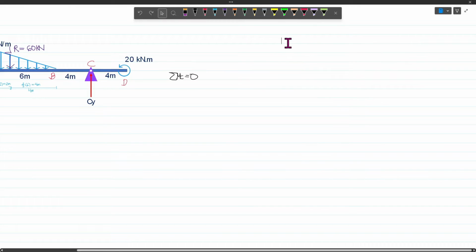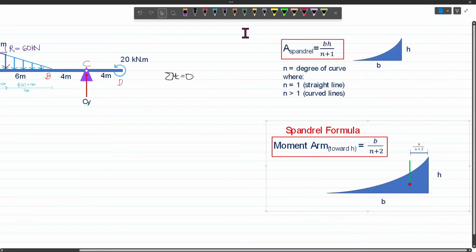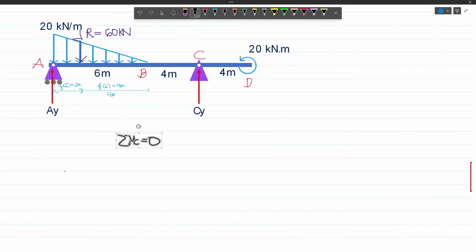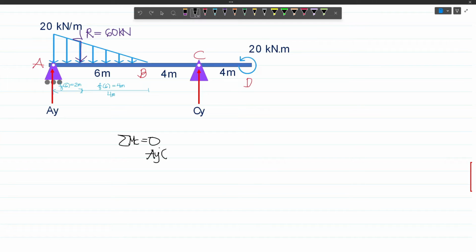Now let me just copy this one and also this one so that you won't be confused, because we will be using these later. So again, taking moments about C, we have AY times the perpendicular distance or the moment arm, which is 6 meters plus 4 because we are considering towards C. That will give us 10 meters. However, I will just write here 6 plus 4 so that you won't be confused.